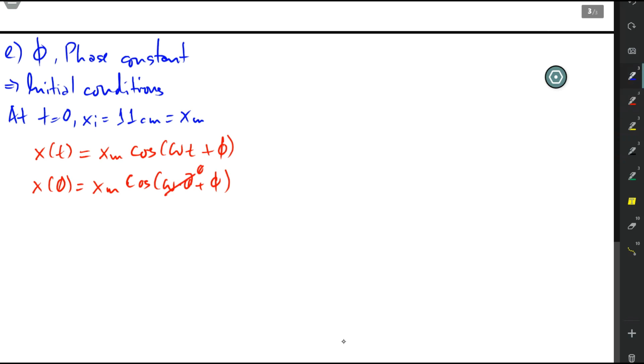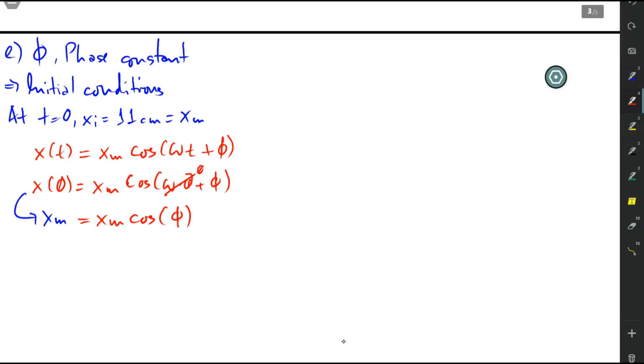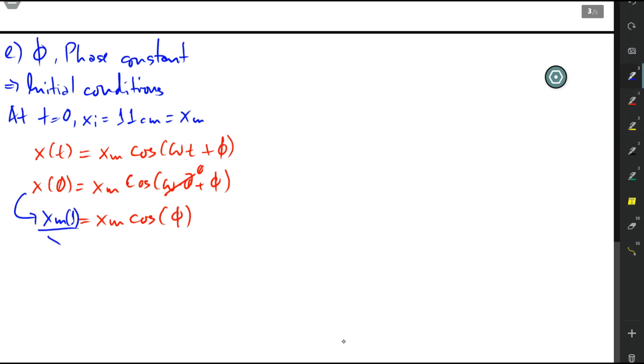But at time equals 0, this is equal to xm. Now check this out. If I divide both sides by xm, which is actually what the book did, it cancels xm out, and you're left with 1 equals cosine of phi.